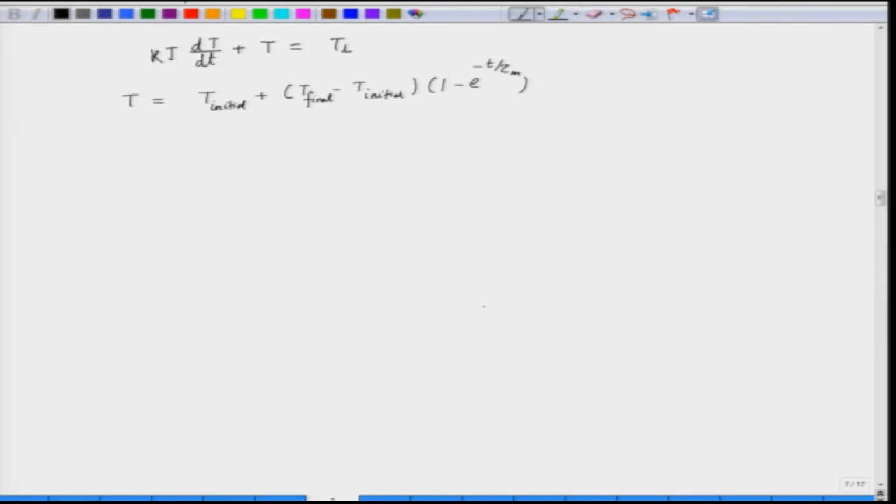The time constant tau m is equal to k into J. So, the solution of this equation is T equal to T initial plus T final minus T initial into 1 minus exponential minus t by tau m. So, we have to find out what T initial and T final are.